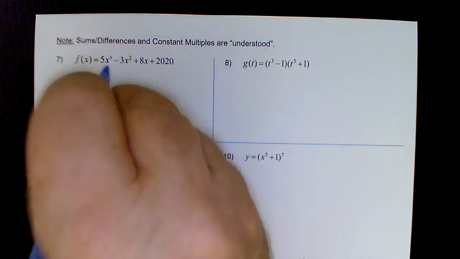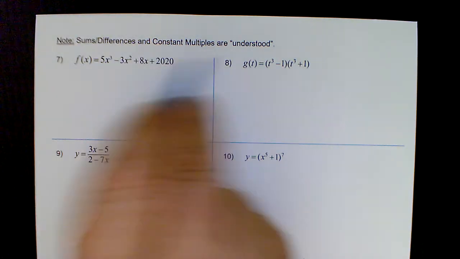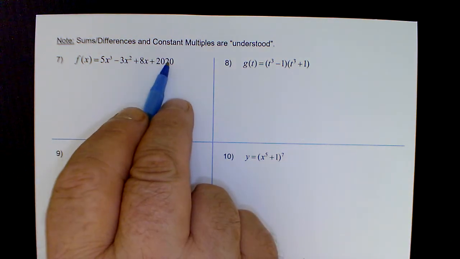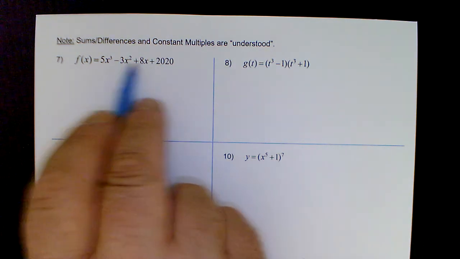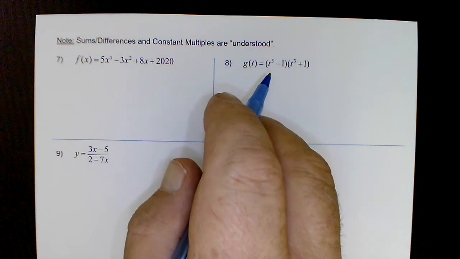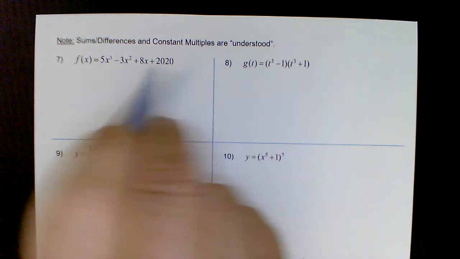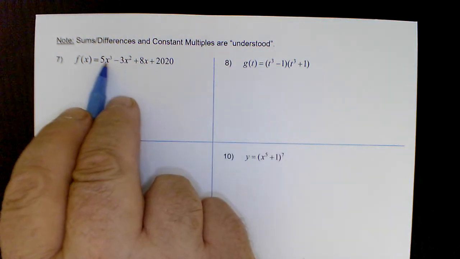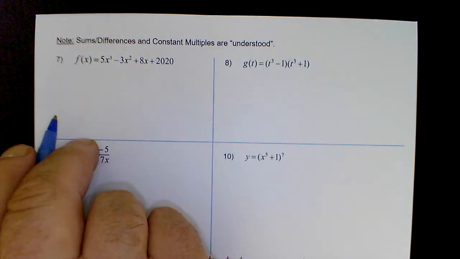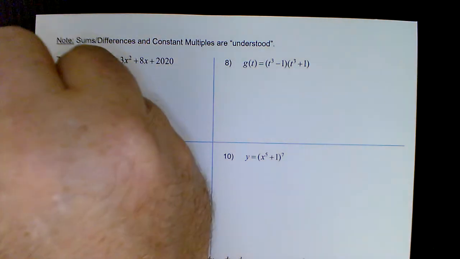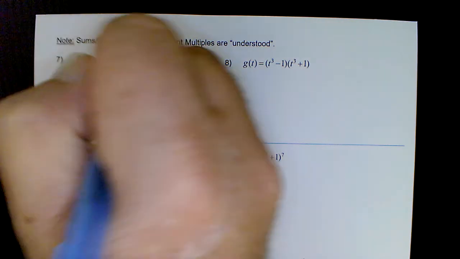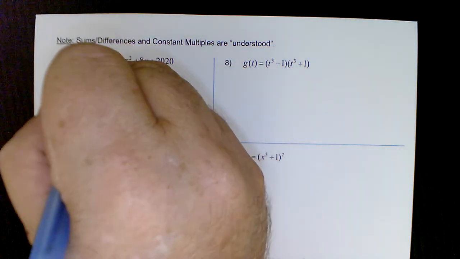Make sure before you start, the one thing is you have to know you could differentiate term by term, and these constant multiples of 5, negative 3, and 8 just tag along in the differentiation process. And so as long as every variable factor in each of these terms fits a differentiable form, you could just jump right in and differentiate. So f prime of x would be, swing down the 3 and just multiply it by the 5.